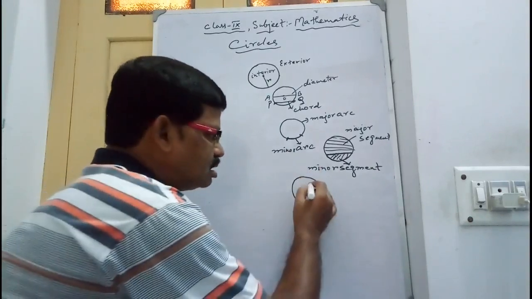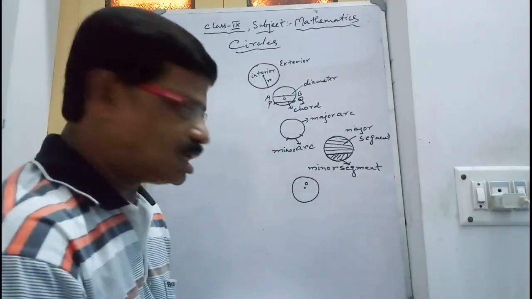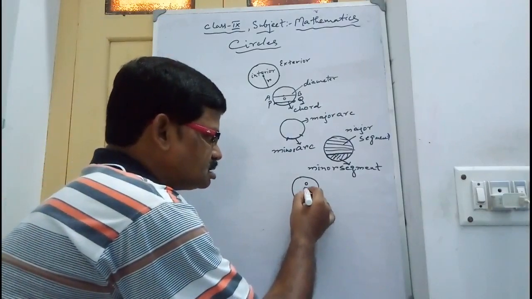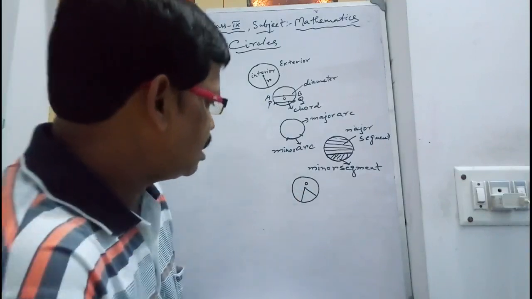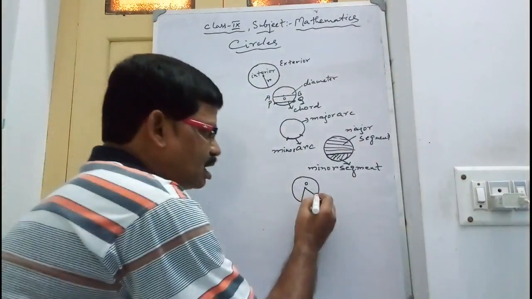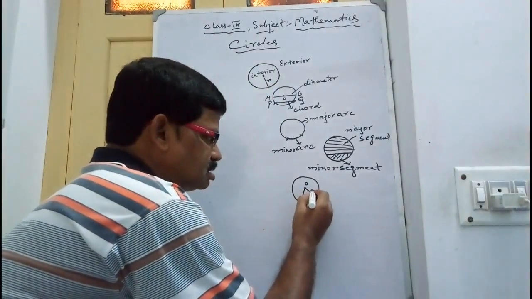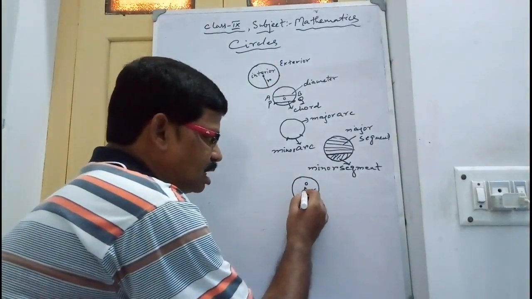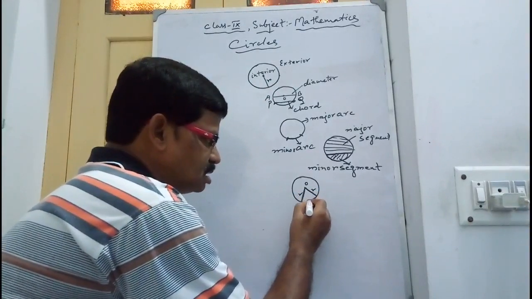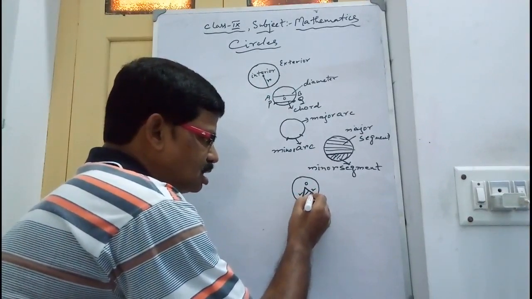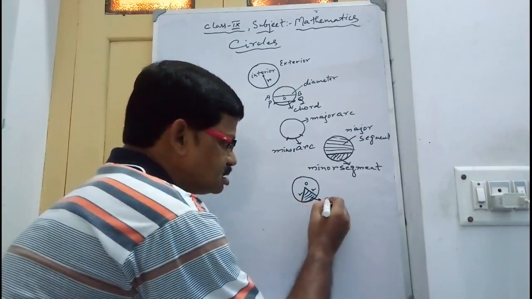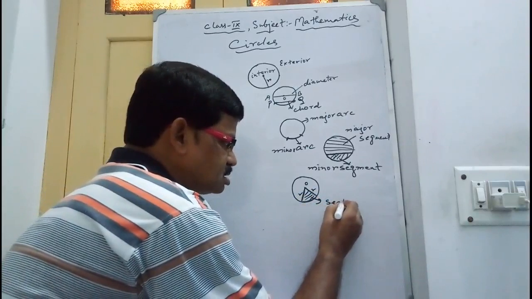This one is a circle, this one is the center. If we make two radii, and these both are equal as both are the radius, and this one is the arc, so here also we make an area. This one is known as sector.